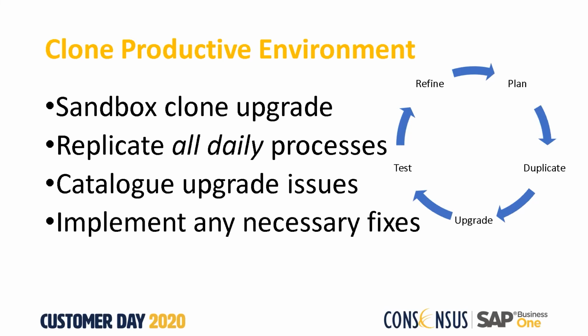Then we need you, the end users, all the users in your company that have a distinct task, to replicate those daily processes in the test environment. So if you print something out, if you send an email, if you run a particular customization, you should test that in the test environment before we sign off and schedule the productive migration. So we should have a checklist of the things you do.